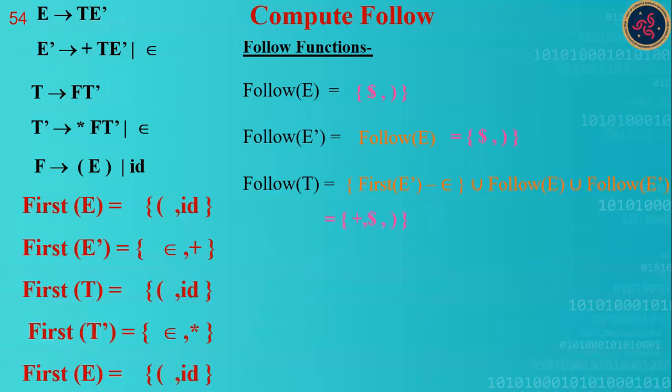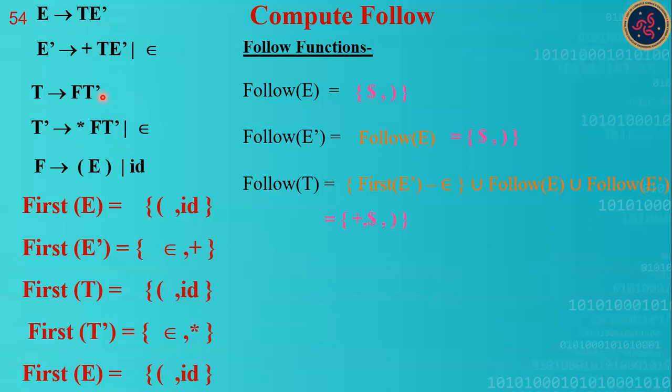So next we have to find out the follow of T prime. What is follow of T prime? Look at the right hand side of the productions. So here T prime is given in these two productions, the third production and the fourth production. But T prime is at the last element. It does not have any variable that follows T prime.